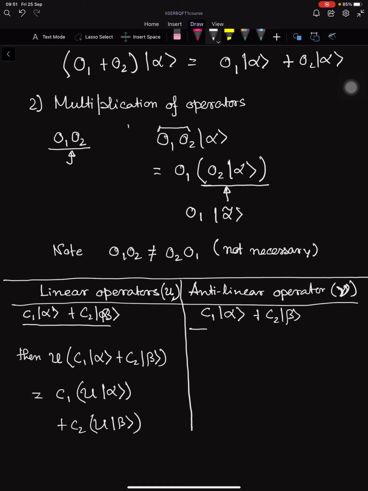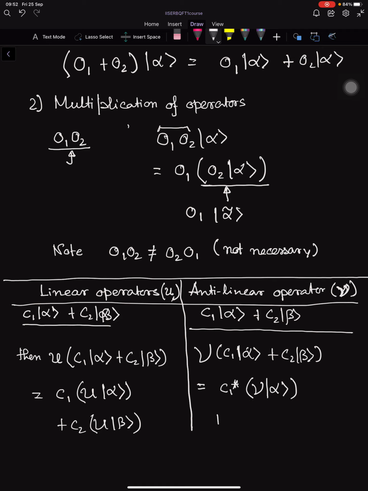U. Whereas for an antilinear operator, this is V, V acting on C1 alpha plus C2 beta, and this is the same as C1 star, note this star, which is just the complex conjugation, V alpha, plus C2 star V acting on beta.